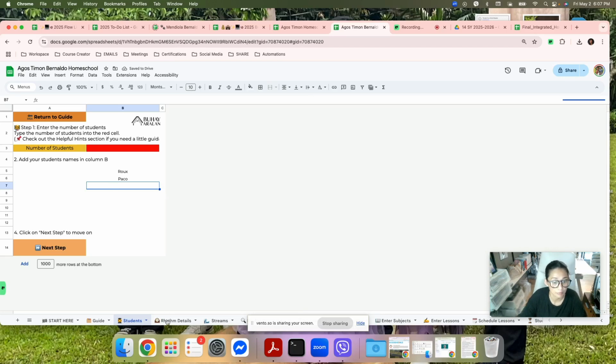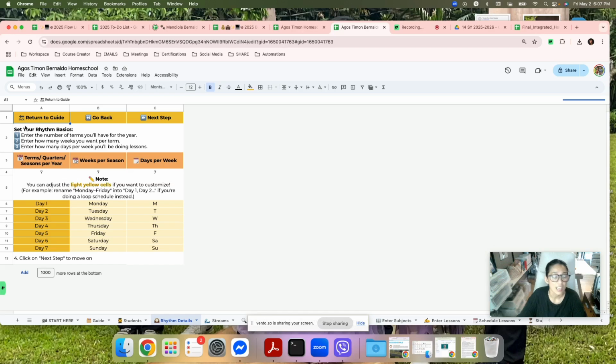Okay, that's it. And then, in rhythm details, this is basically what your routine is going to be like. What did you set on the clock as your ideal rhythm in your homeschool? Will you be having, like what we prescribed, 7 weeks per quarter, per season, per cycle, per term, however you call these chunks of lessons or themes in your homeschool, and then how many weeks are there for each and how many days.